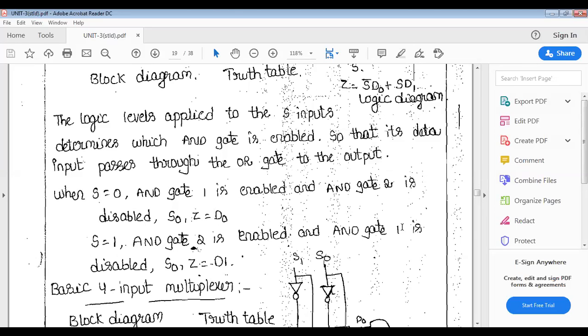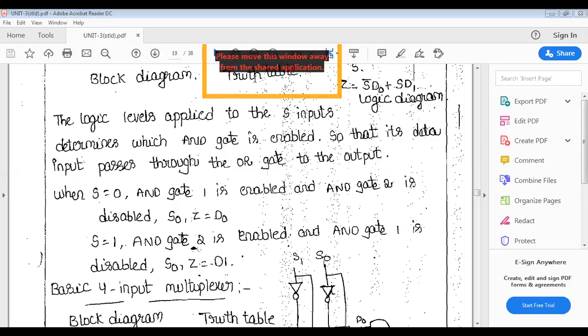If one input of an AND gate is 0, the output is also 0. Then the output Z is equal to D1, whatever data is in D1 will get to the output side.